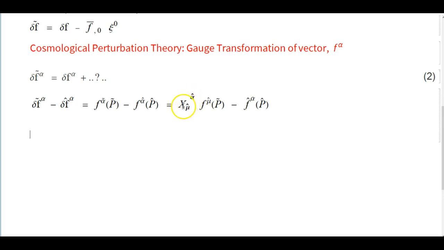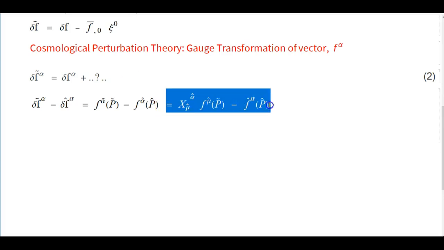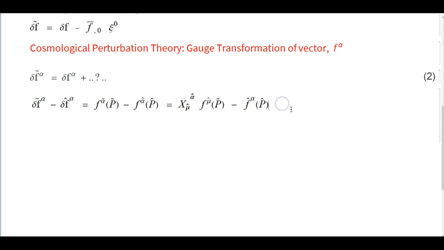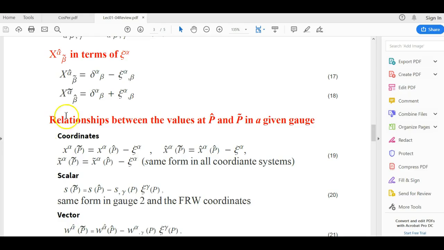So we are doing a gauge transformation using this tensor transformation at a given point. Now this can be written as, sorry, caret caret here, and this is tilde. Now the value of this we have seen in our previous lectures, and you can find it on the review sheet also, which I will share in my future videos.